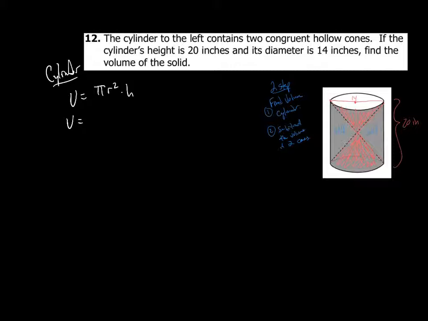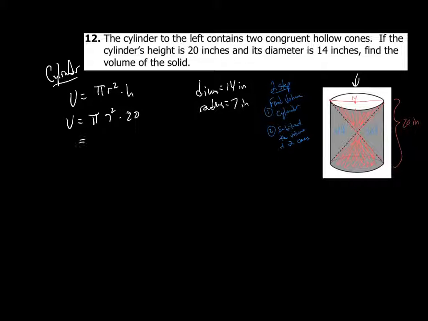All right, so I know that it's going to be pi times the radius is 7 because the diameter is equal to 14, so the radius is equal to 7. And again, this is in inches. So pi times 7 squared times the height, okay?